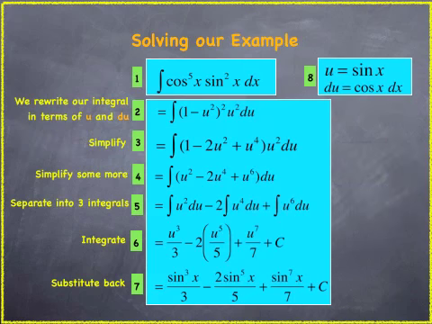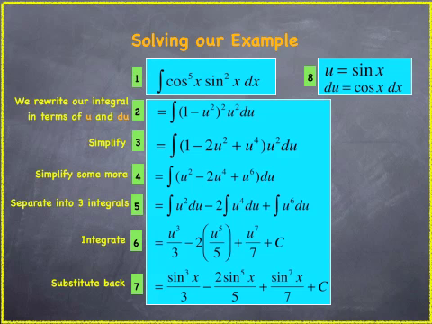Okay, at this point we actually do the integral. We're actually going to do some simplification, then we're going to do the integral. But what we've done is a lot of rearranging. We haven't really integrated at this point. So item 1 is our original integral. Item 2 is our integral in terms of u, which we showed in prior slides. Item 3 is just a simplification. We basically expand 1 minus u squared squared.